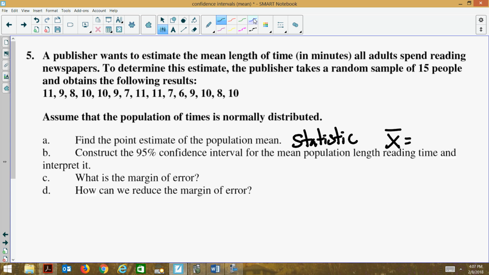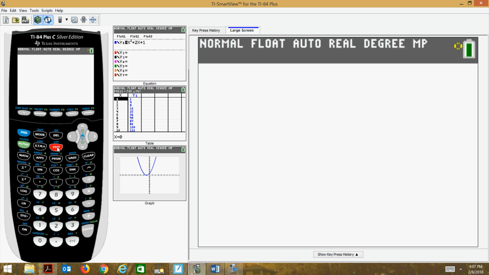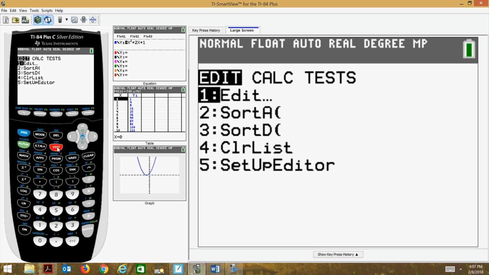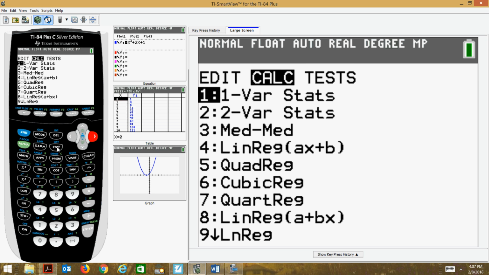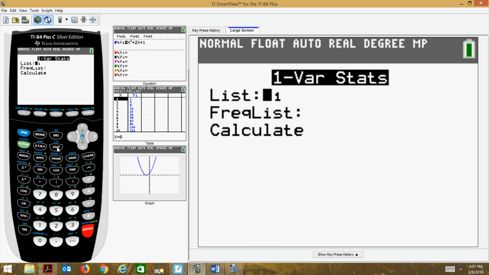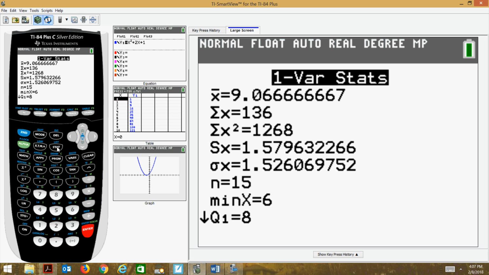We need to figure out what the sample mean equals. So we can put the list into our calculators, which I've already done, and find the mean of these numbers. Go to stat, one variable statistics, and input the list, which was list 1 for us. Make sure there is nothing in your frequency list, because that is only used for probability. Calculate, and we now know the sample mean is 9.07.